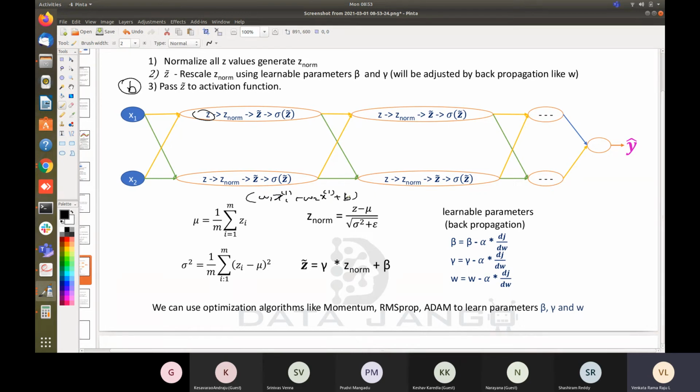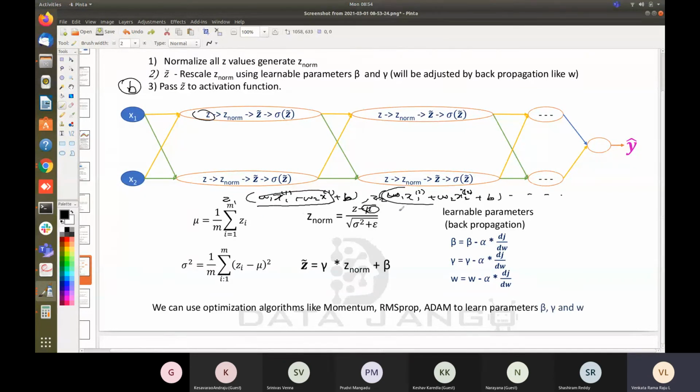And the second record, W1 X1 2 plus W2 X2 2 plus B. So like that, I have calculated Z values. This is Z1, this is Z2, like that. Now I am calculating the mean here. When I calculate the mean, I will sum these and divide by n.